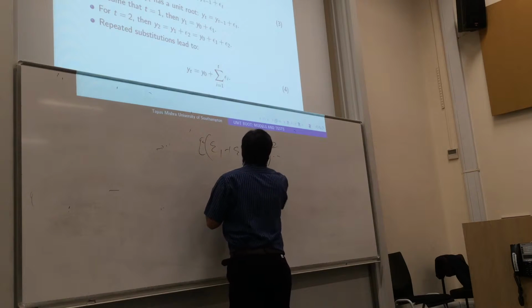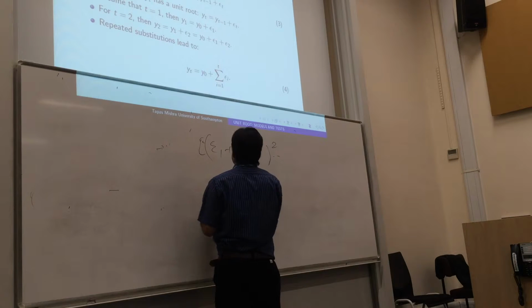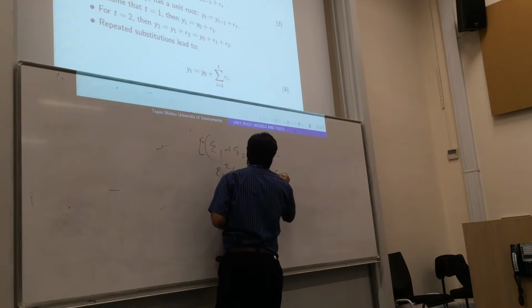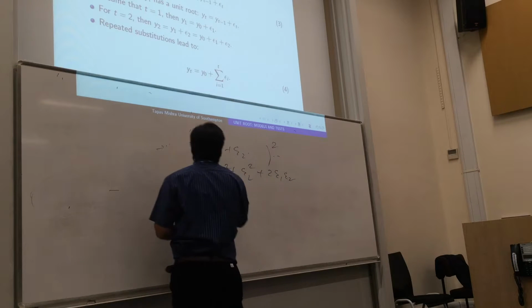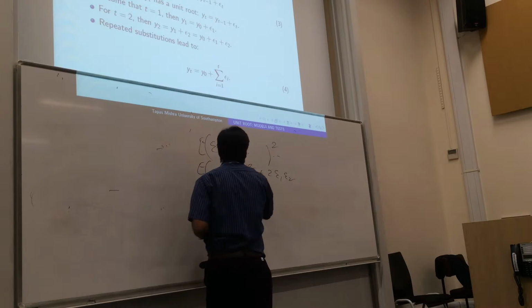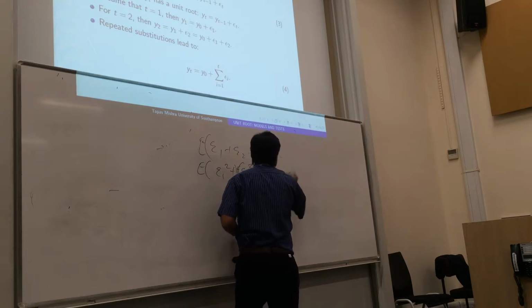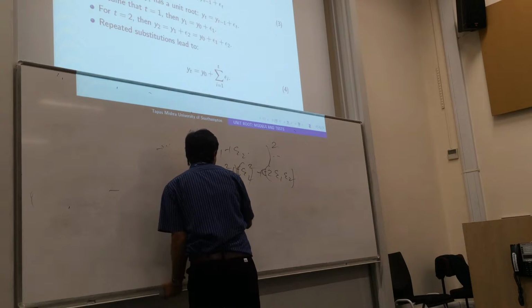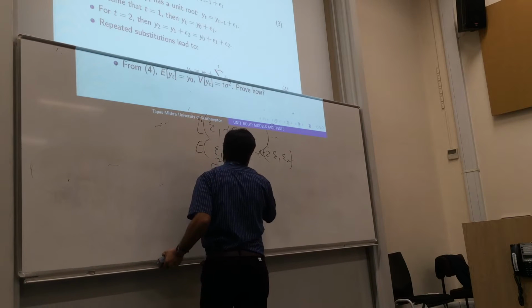Let's say we only have two terms here, E1 plus E2. So you have E1 square plus E2 square plus 2 E1 E2. Take the expectation of each, so this is sigma square 1 plus sigma square 2.